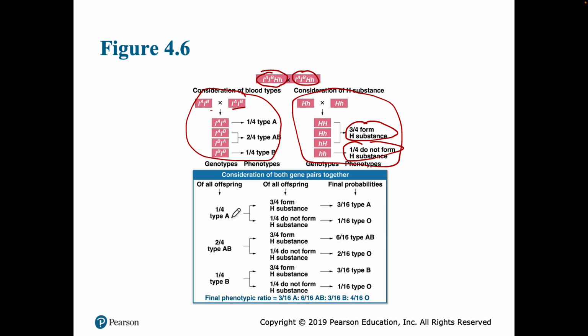Now, when you're looking at the phenotype, this is a type A blood, but this person does not form the A substance.